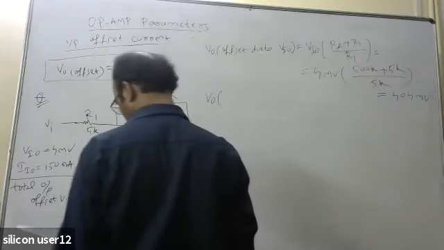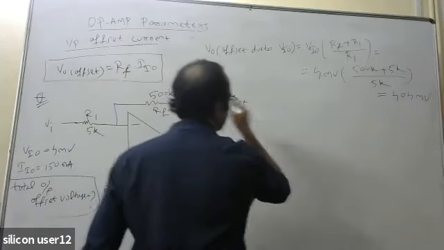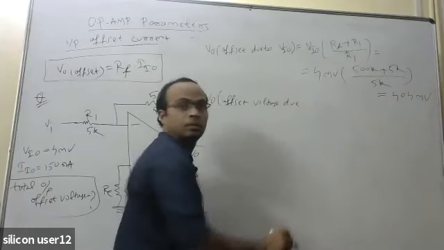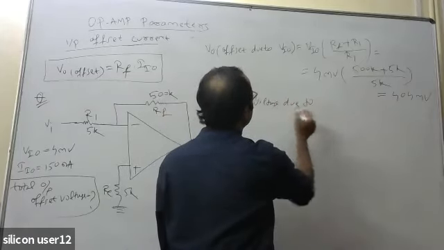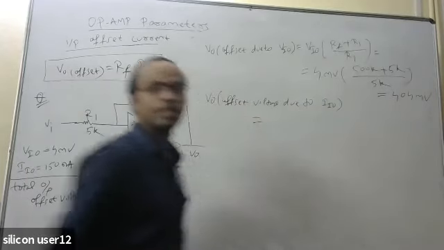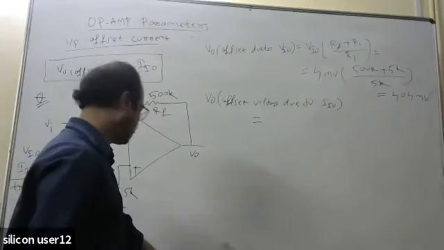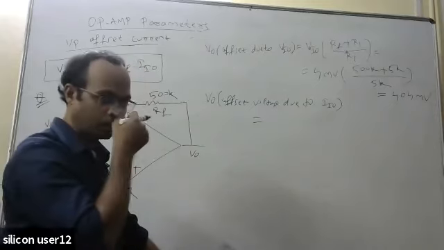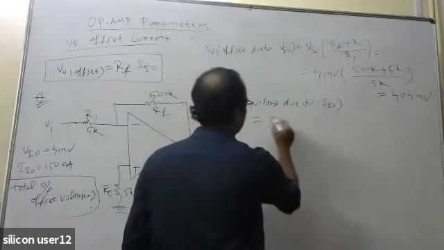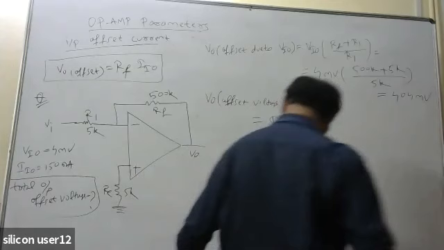Now V0 offset due to II0. What is the formula? We had written it: II0 into RF. Just multiply it.